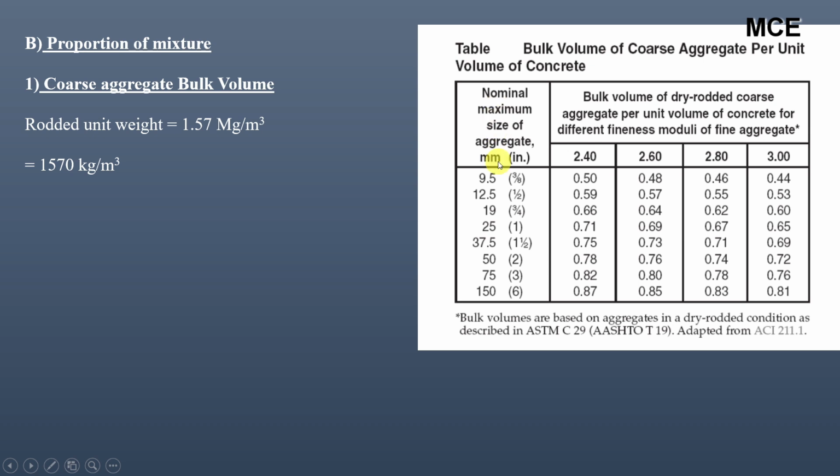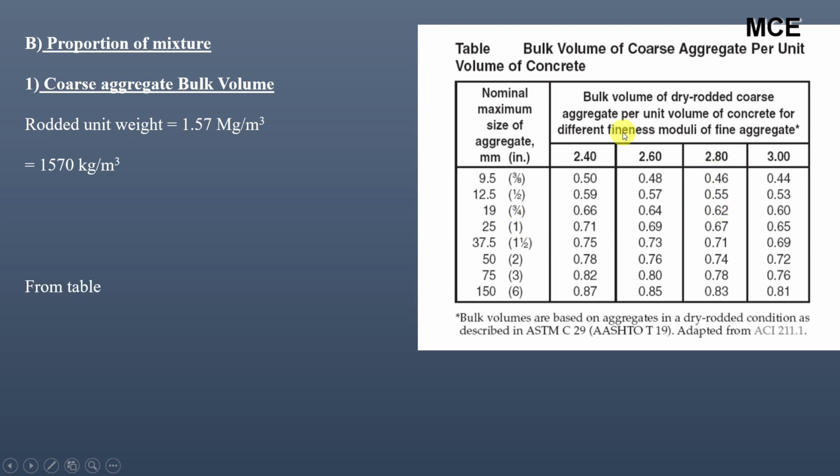You can see the nominal maximum size of aggregate, and the columns for bulk volume of dry rodded coarse aggregate per unit volume of concrete for different fineness moduli of fine aggregate. Our nominal maximum aggregate size is 19 mm and the fineness modulus of fine aggregate is 2.8.